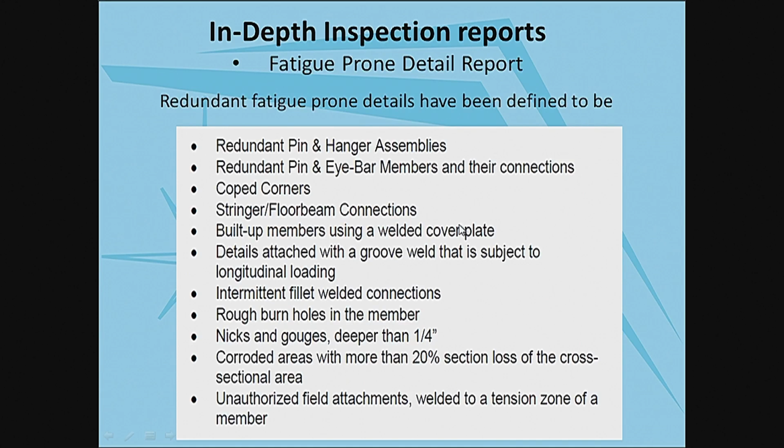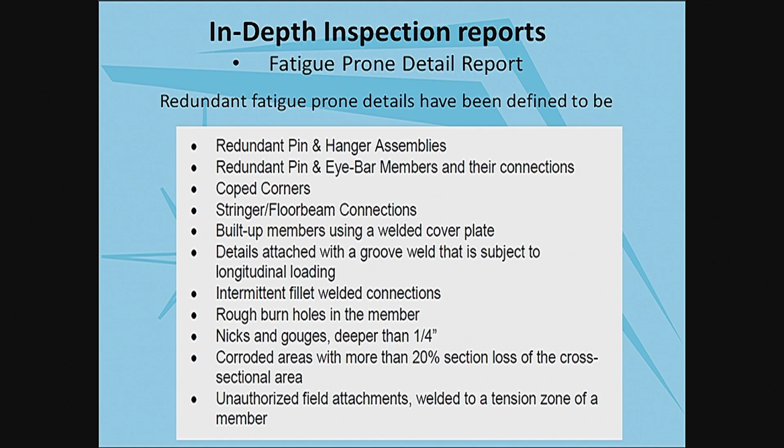The next in-depth report is a fatigue-prone detail report. Some bridges have all of this. Some bridges have supplemental reports: underwater, fatigue-prone, timber, and everything. But for the redundant fatigue-prone details, what you're looking for is out-of-plane bending. You're looking for distortion. You're looking for fatigue cracks.